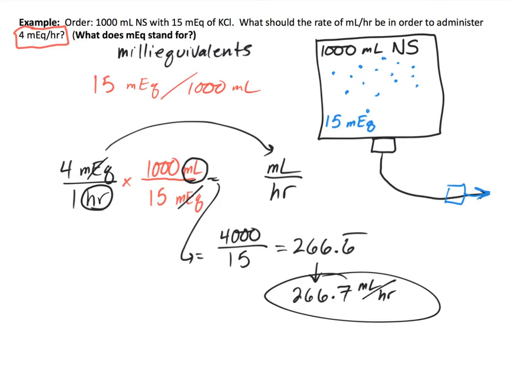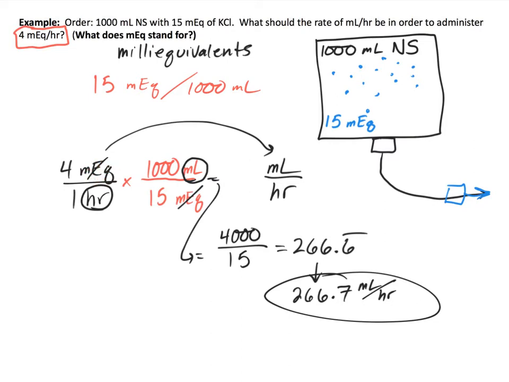The difference in these problems compared to some of the conversions and dosage calculations that we've been doing is we're converting one rate into another. And the rate that we are given is typically a ratio of some amount of a drug, whether it be in milliequivalents, milligrams, micrograms, or grams. Sometimes we'll see milliunits, which is similar to milliequivalents.